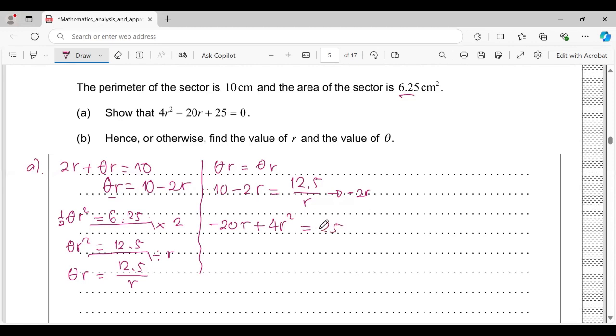Okay, minus 25. Sorry. So it becomes 4r squared minus 20r plus 25 equals 0. So it's proved. Okay. Next, we're going to find r and theta.